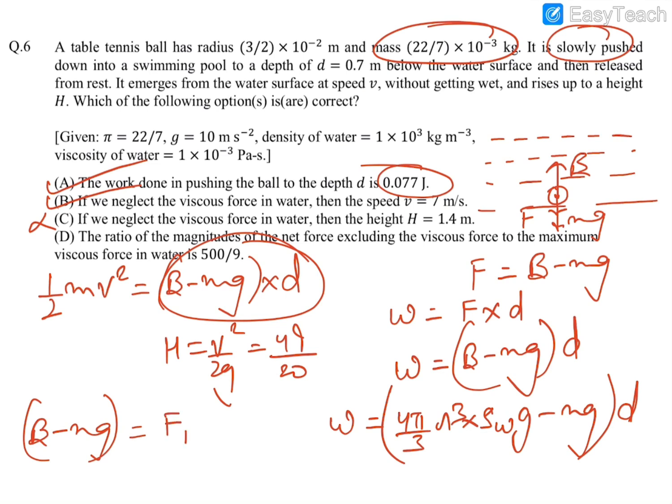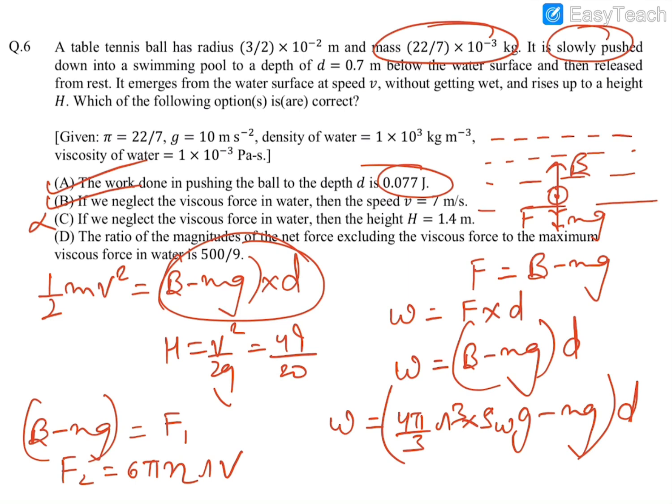So let us suppose that this is F1, and maximum viscous force, now viscous force depends on the velocity, so F viscous will be 6 pi eta rv, and v is maximum when this ball is coming out of the water, because from bottom of the water to the surface of the water, this ball is accelerating in the upward direction, therefore its speed would be increasing, and hence we can say that at the surface of the water its speed would be maximum, and maximum speed will create a maximum viscous force.